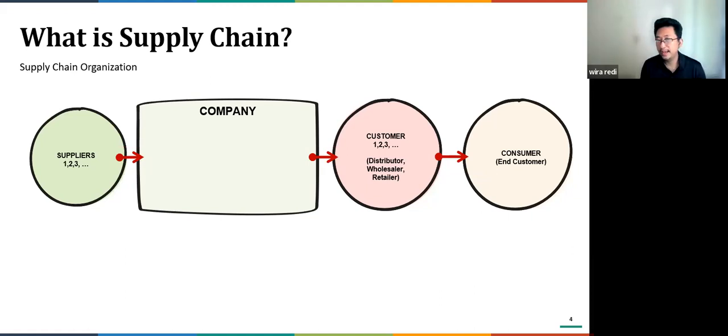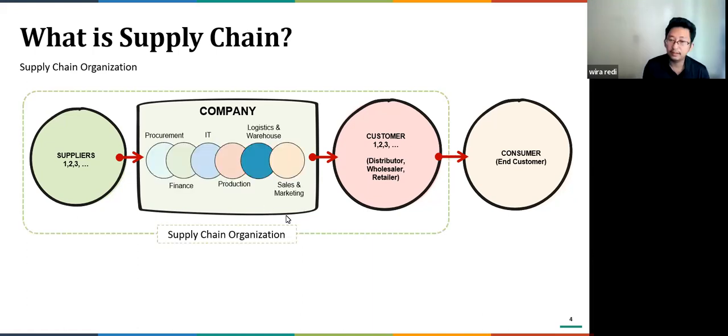why do we have a supply chain management division in our company? Sometimes like that, right? If we say that supply chain is talking about this whole macro perspective, so what does the supply chain management in the company do, what are their roles?